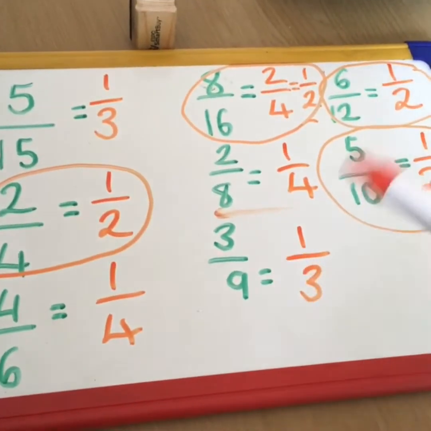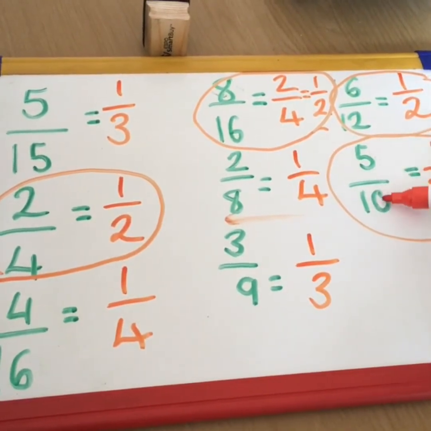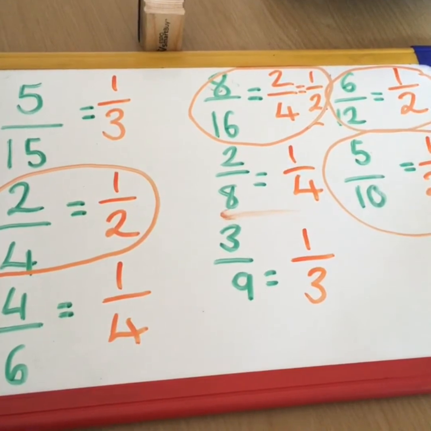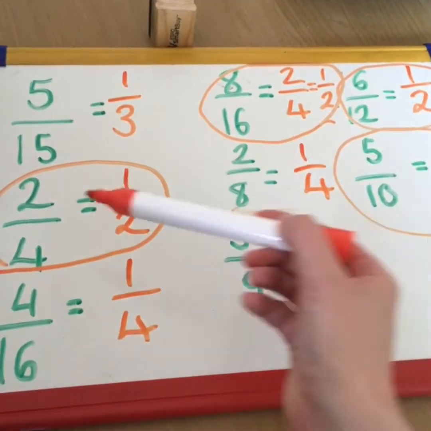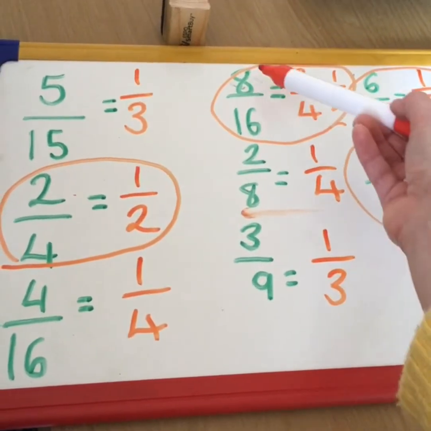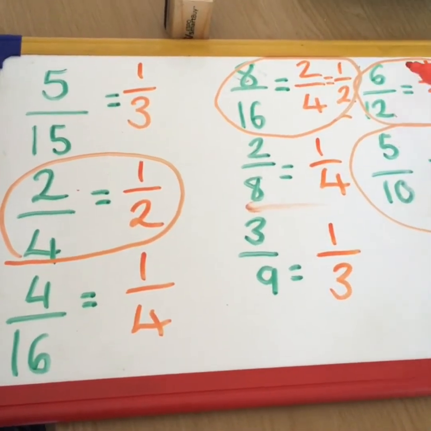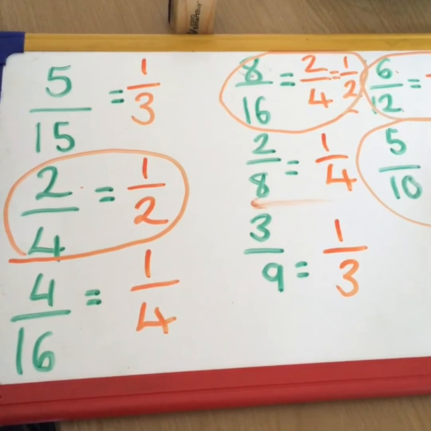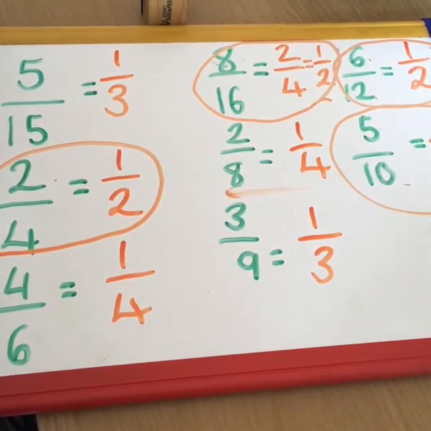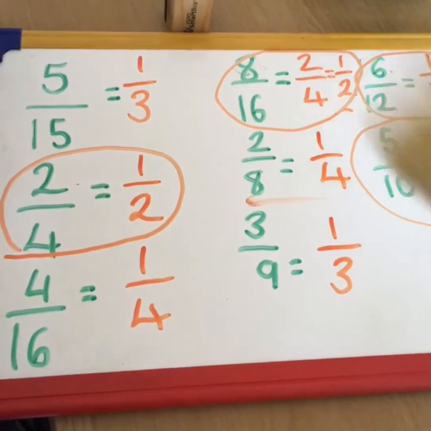What do you notice about the numerators and the denominators and the fact they're equal to 1/2? Well, hopefully what you can see is 1/2 of 4 is 2, 1/2 of 16 is 8, 1/2 of 12 is 6, and 1/2 of 10 is 5. So all of these fractions are equivalent to 1/2 because the numerator is 1/2 of the denominator.